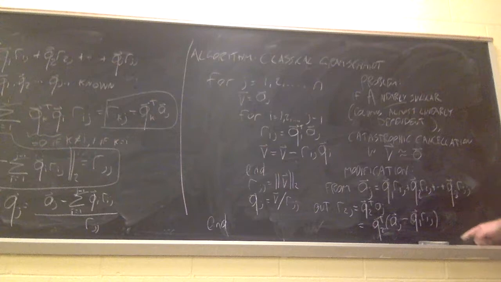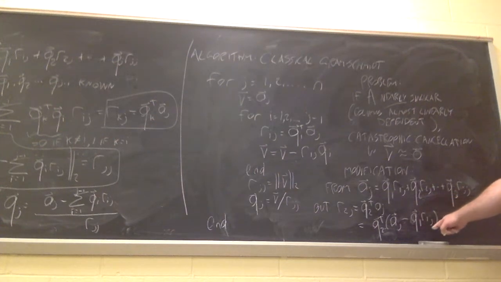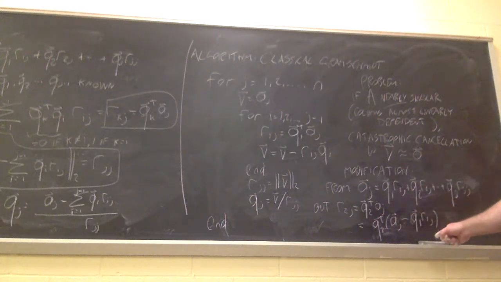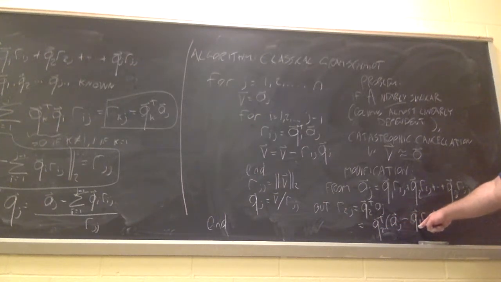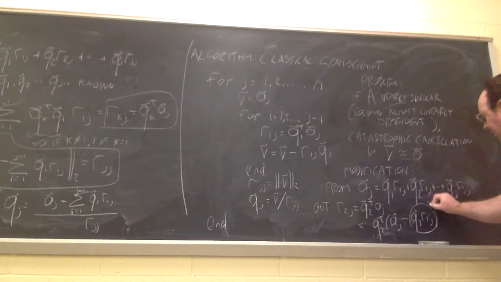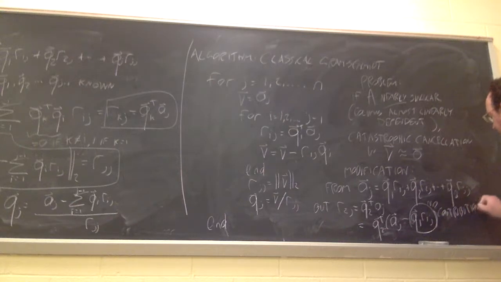In other words, if I've taken AJ, subtracted off a contribution of Q1, so now I have this updated vector, it doesn't matter whether I take the inner product of Q2 with the original column or the updated column. Why? Because Q2 is orthogonal to Q1. This contributes nothing. It makes no contribution to R2J.